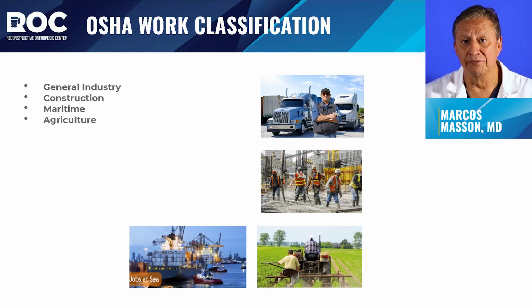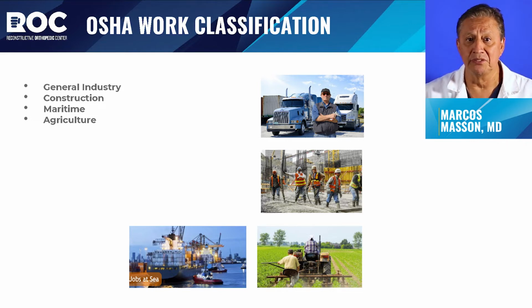Now, OSHA has 4 work classification categories. One is considered the general industry, and that really applies to the highest number of workers and employee work sites. The second is construction. It's another large area that OSHA covers, and it includes anything that involves construction or alteration and repair.